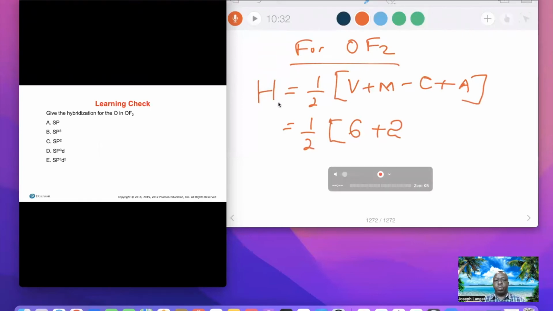This is the equation I'm using to predict the hybridization of oxygen in OF2: 1/2 times valence electron for oxygen, 6, plus 2 monovalent. If it was something else other than an atom with only one, we will ignore it. Let's say, for example, oxygen is divalent, with just 2 unshared electrons.